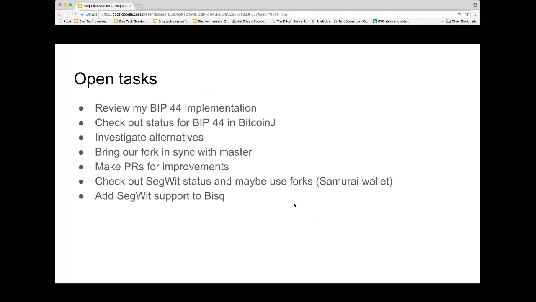I kept out Lightning because that's a completely own story, and maybe in future we make our own tech session about ideas with Lightning. But the main problem, as far as I've followed it, and I'm not very up to date with Lightning, but what I heard from the Open Bazaar guys, who are using a similar concept to ours in the trade process with multisig and security deposits, is that in Lightning Network you cannot use multisig at all, or it's a very different model or much more complicated.